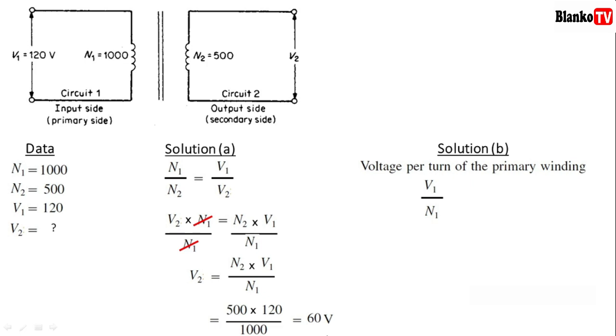When we substitute, we get 120 over 1000, and when you divide, we get 0.12 volts per turn.